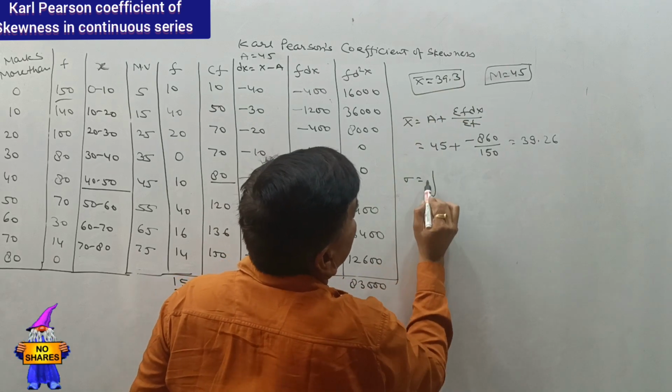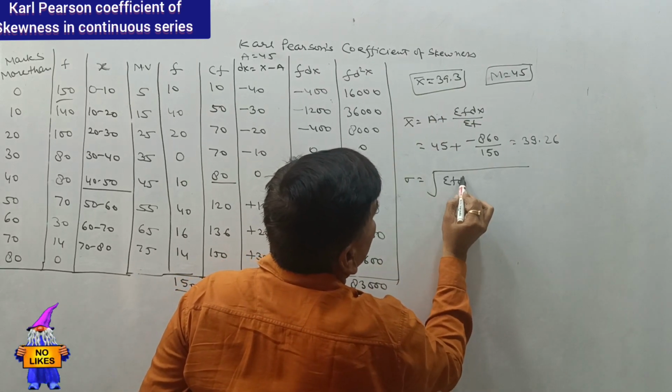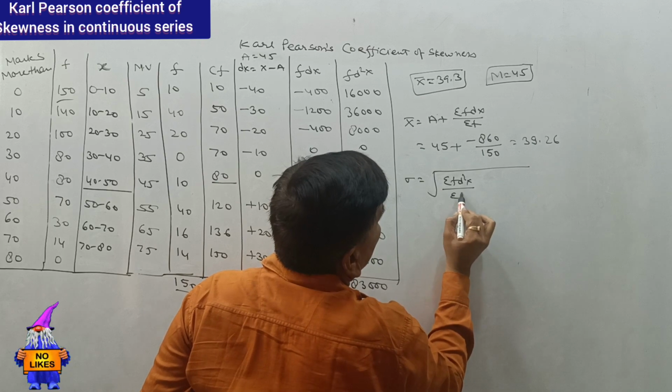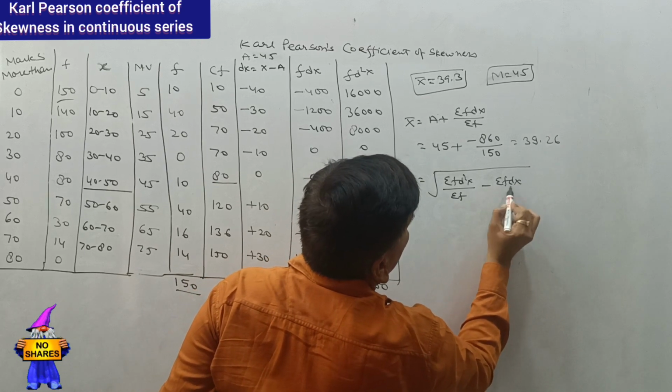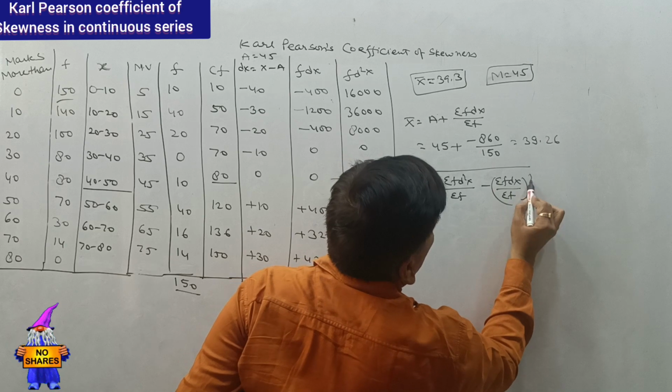Standard deviation is the square root of sigma f dx square upon sigma f minus sigma f dx upon sigma f, raised to power 2.